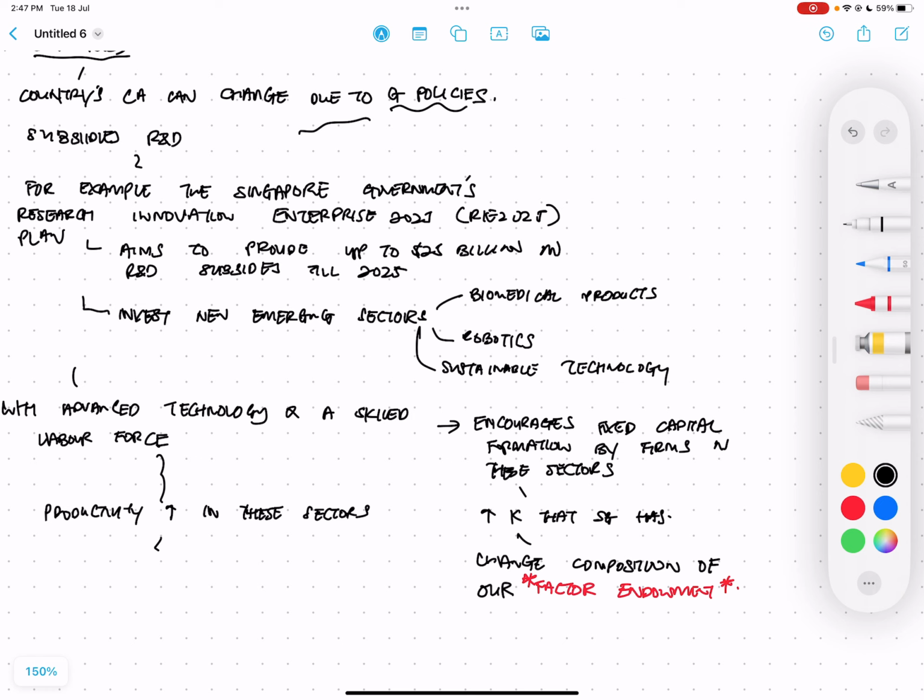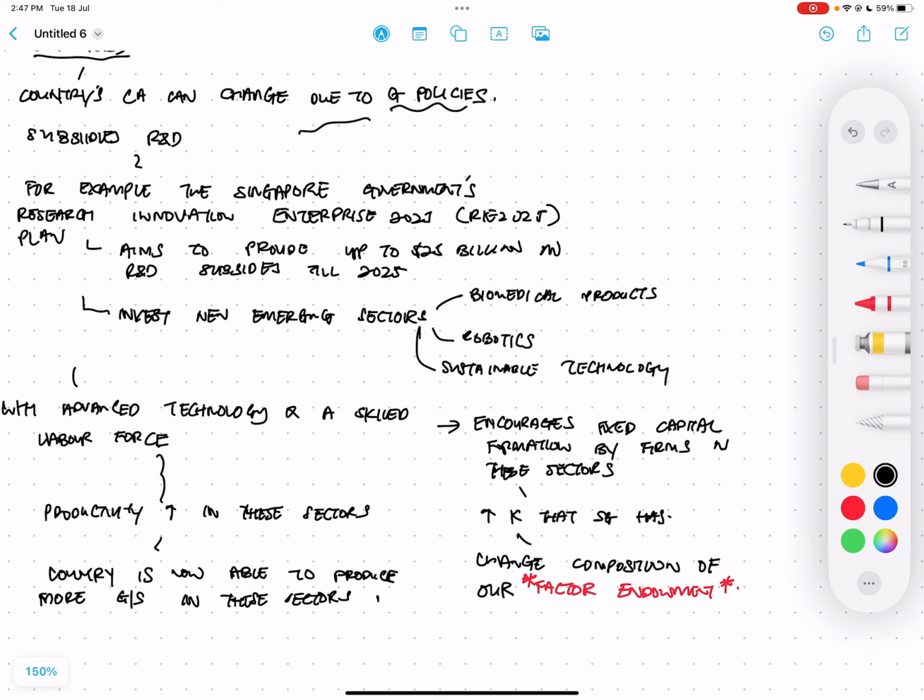But here we want to make sure we link to opportunity cost, so we change the phrasing a little bit. So we say the country is now able to produce more goods and services in these sectors using the same resource cost. So maybe the man last time couldn't produce these kinds of goods, but now because he's skilled, he can.